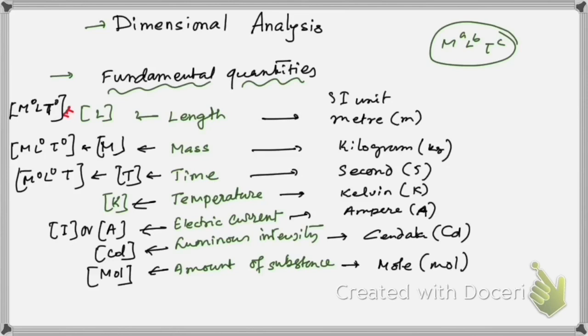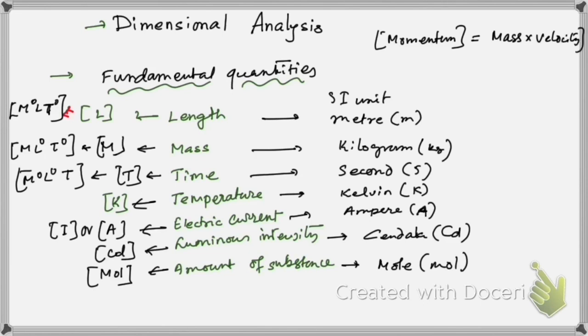Now if you want to find the dimensional formula of any physical quantity, then you must know the relations of that quantity with other quantities. Suppose we need to find the dimensional formula of momentum. We must know that momentum is equal to mass into velocity. We must know this relation, then only we can find it, right?